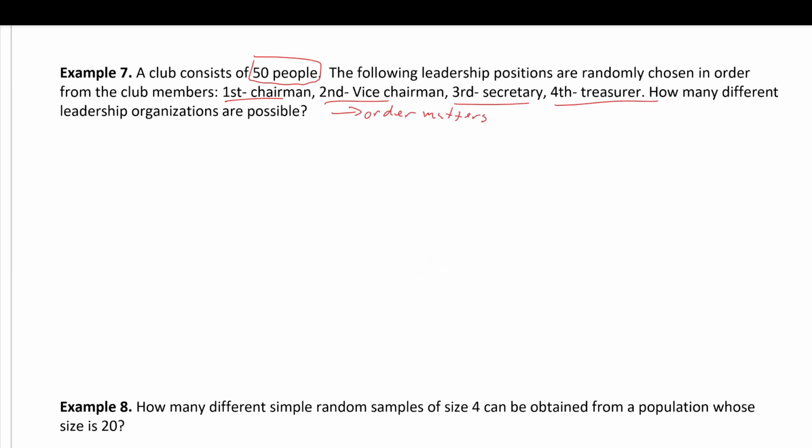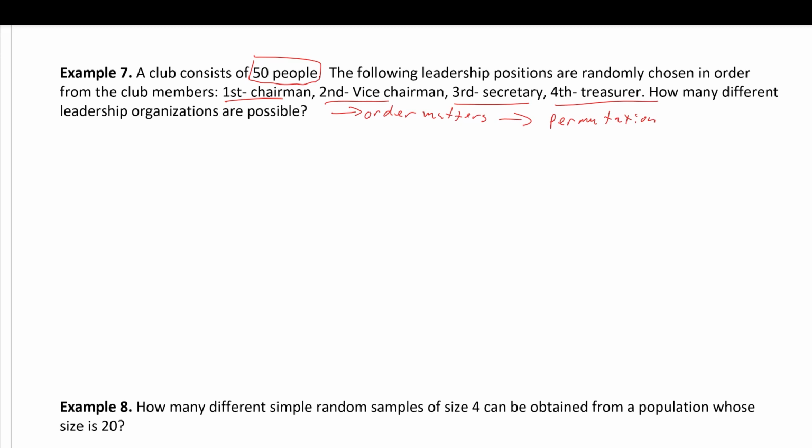If order matters, then we're dealing with permutations, right? Because Bob, Sally, Mary, and Joseph is a different permutation than Sally, Joseph, Mary, and Bob. They just have different positions.